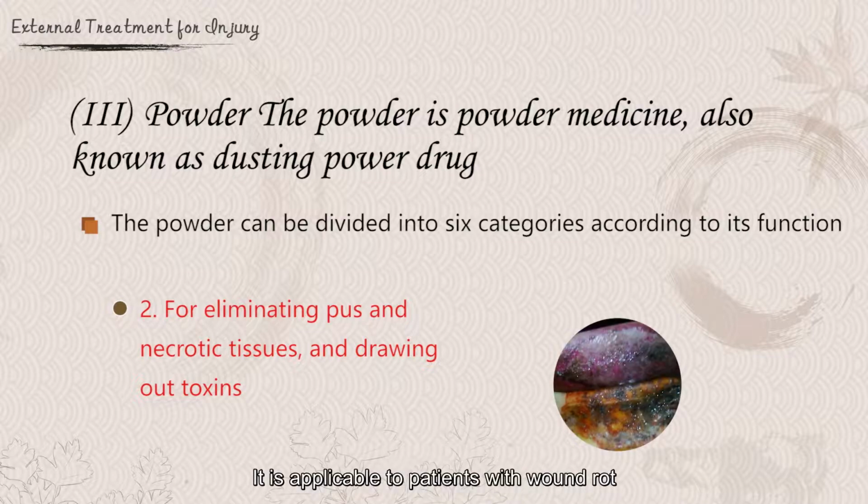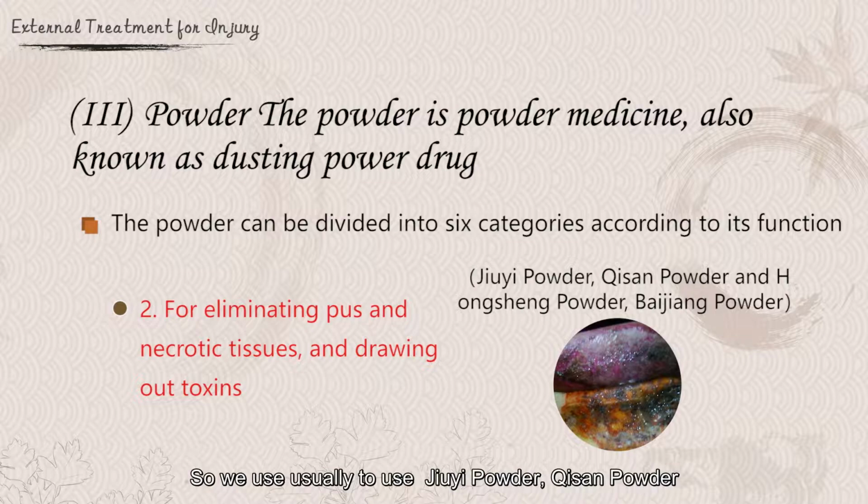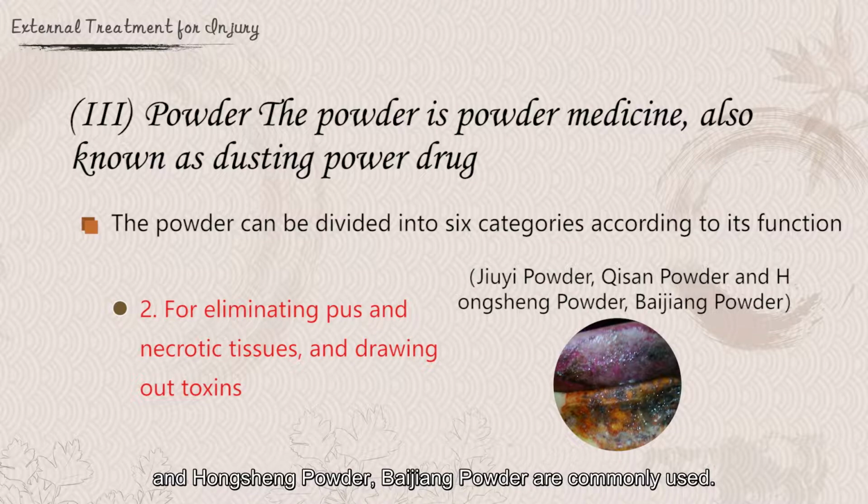It is applicable to patients with wound rot and pus not exhausted, rotting flesh not removed, sinus formation, or lung granulation. So we usually use 9E powder, 7 powder, and 红参 powder, 白酱 powder.